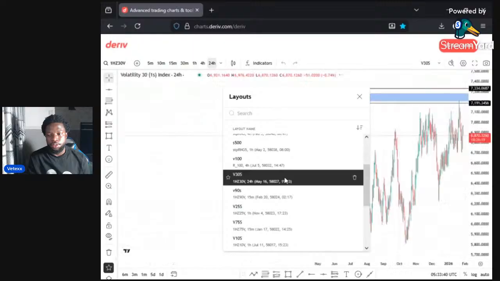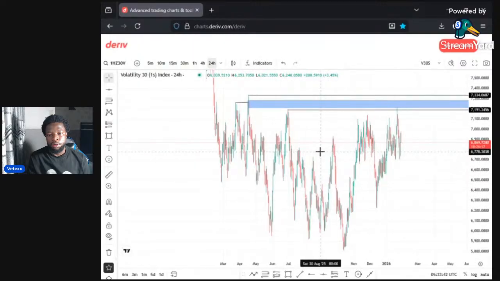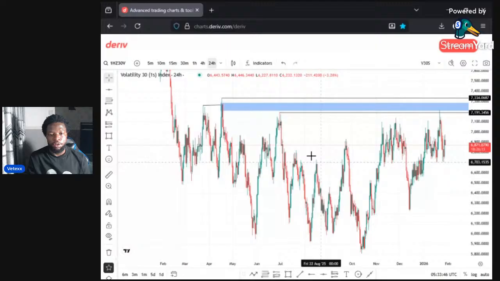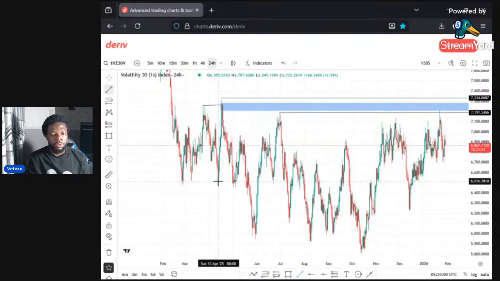Let's check V30 index. Okay, good. So on V30 index, we already have our markup too, which means it's selling on the weekly time frame and also selling on the daily time frame, but it only gives us a structure on the daily time frame. So here we have our sweep of liquidity. Here we have our first break of structure.